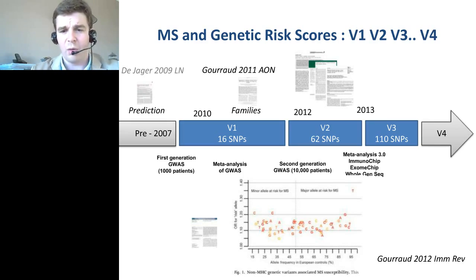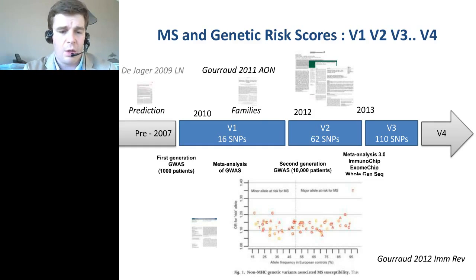So we usually describe the knowledge about MS genetics using a versioning system, pre-2007 on the HLA. And with the first GWAS, we had a version 1 around 2010 with 16 SNPs, a version 2 of the knowledge in MS genetics with 62 SNPs, and a version 3 with 110.